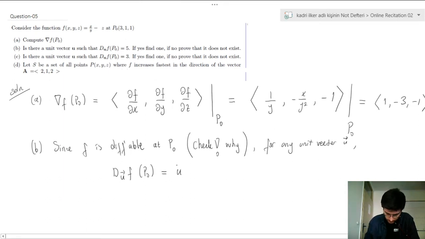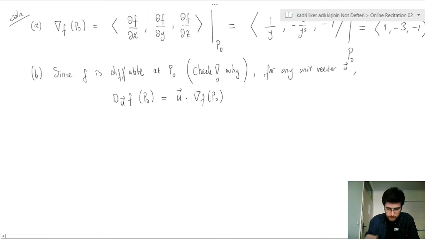Very nice. And the gradient of f evaluated at p0. If you remember, this sort of interpretation has some geometric meaning.